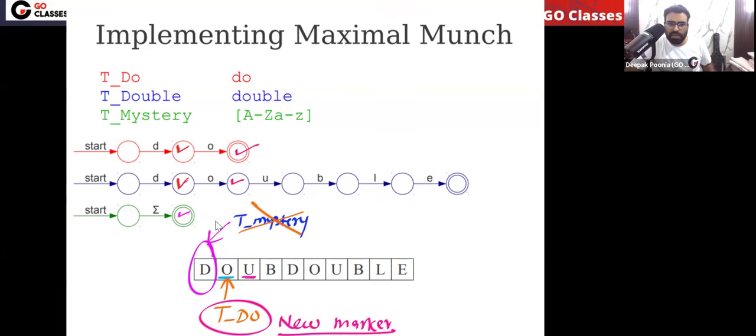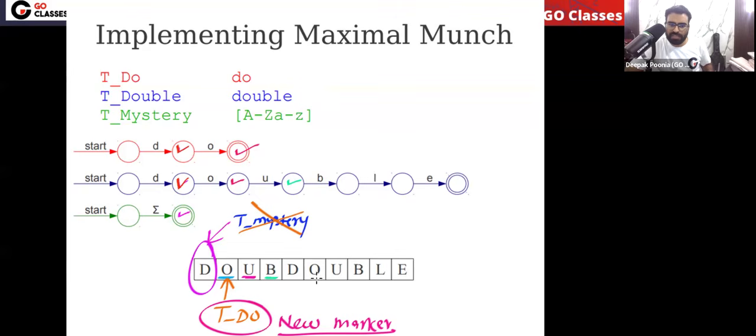When you read this O, forget about the first NFA, that is out of the picture, and the third NFA is also out. The second NFA is in the race, but not in the final state.